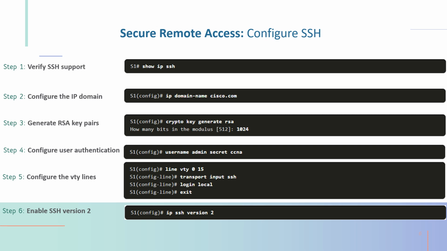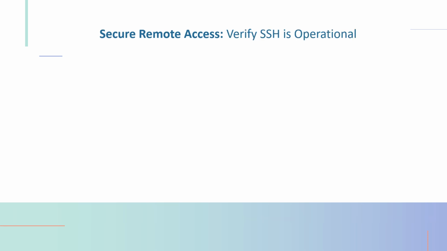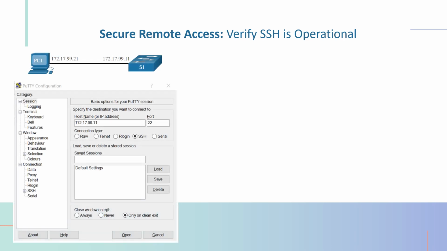After configuring Secure Shell, we need to verify that it is operational. In this example we have a PC and a Secure Shell client such as PuTTY, which is used to connect to a Secure Shell server.